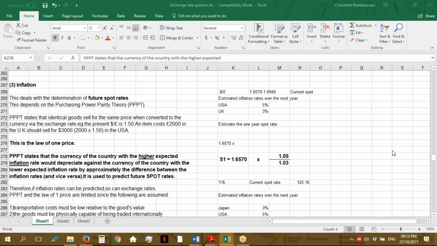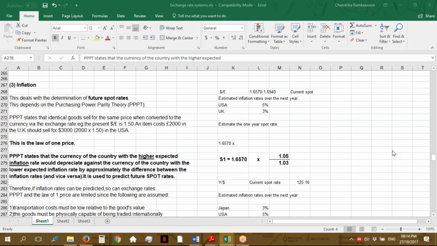And the third part is what determines forward rates. Now, remember I told you a while back when we were looking at forward rates and rates of appreciation and depreciation, I told you that we'd come across that again, using the same rates and whatnot, but in a more organized way. What I mean is this.